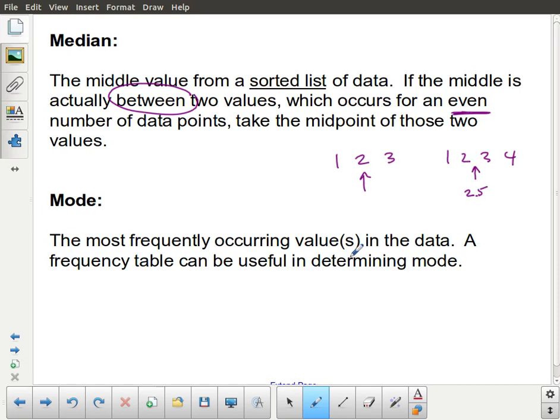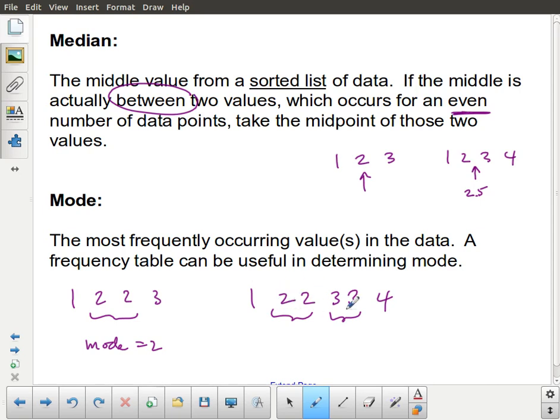And the mode is the most frequently occurring value or values in the data. So if I do 1, 2, 2, 3, then in this case my mode is equal to 2. That's the most frequently occurring piece of data. If I do 1, 2, 2, 3, 3, 4, in this case, both 2 and 3 occur with a frequency, meaning how many times do they occur.